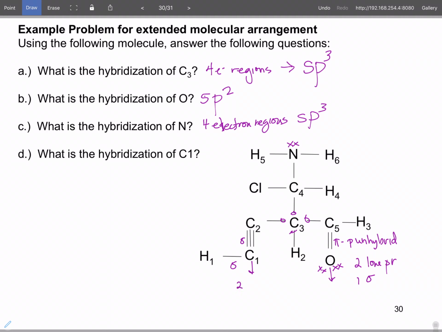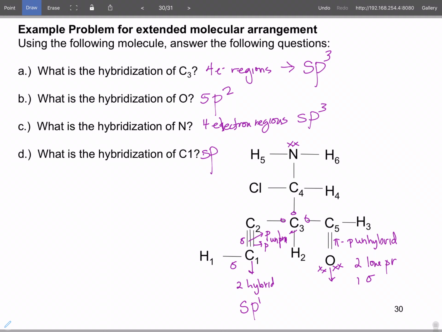So it can only have 2 hybrids, because these pi bonds have to be unhybridized p's. So what we're doing is 1s and 1p. If it makes you happy to write the 1 in there, you can. You don't have to, so I'll write it as an sp. So that was actually not that bad.